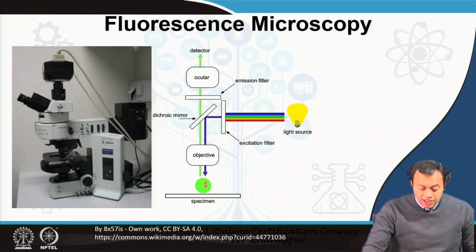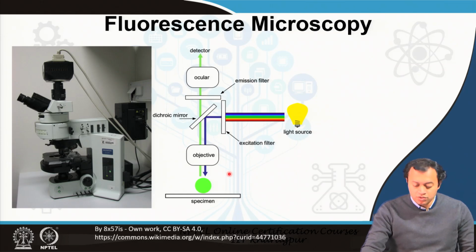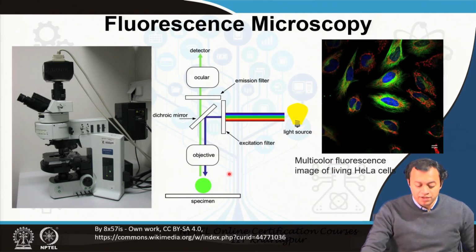This light beam is absorbed by the specimen and the specimen starts to fluoresce, and we use an emission filter to take that particular light out. These are all those detectors and filters and what not, and we are able to see beautiful images. And obviously, we add several different types of fluorophores.